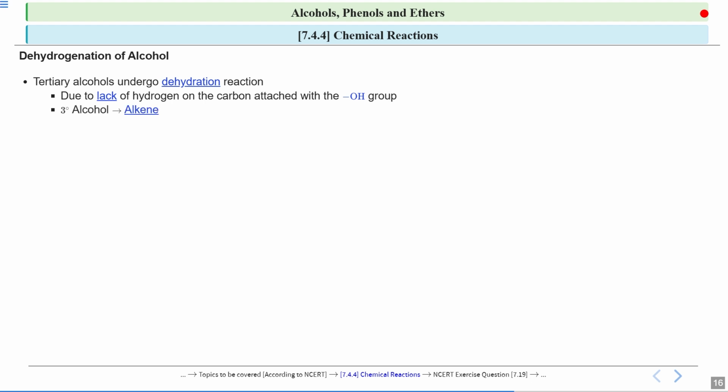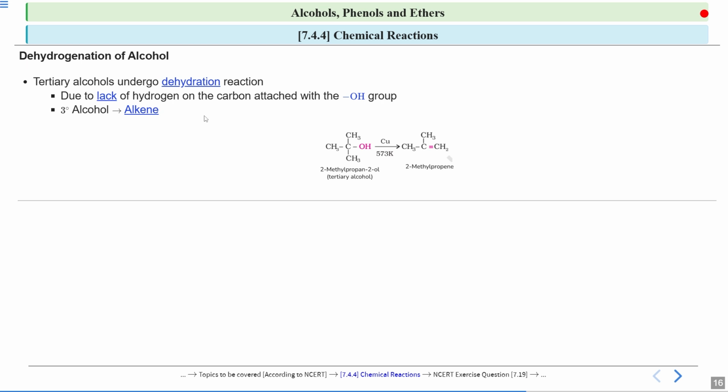So your tertiary alcohols undergo the dehydration reaction, and form the alkene. Look here, the tertiary alcohol is forming an alkene over here.